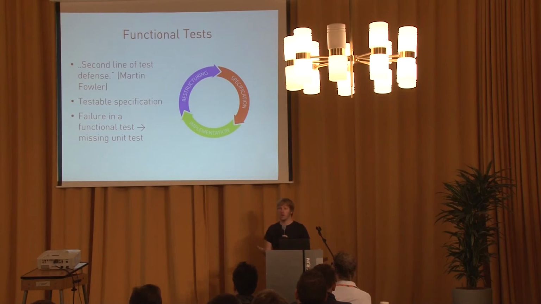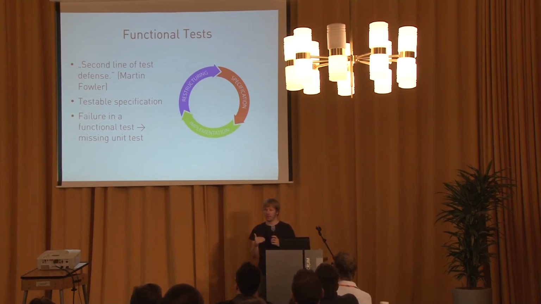So functional tests really come in handy if you're working in an agile environment. If you have user stories with your clients, and they wrote down something like, as a user I want to log in on my site, then you can take this user story and turn it into a functional test. So if you talk to your customer, and the customer, maybe after you implemented something, comes and says, this is not what I wanted, or it's not working, right?